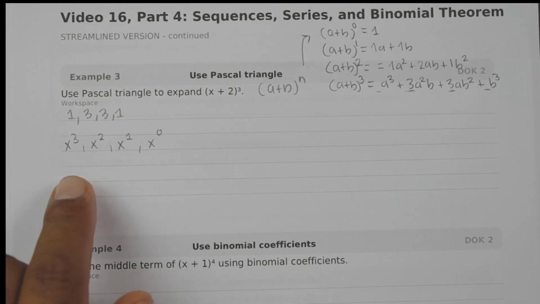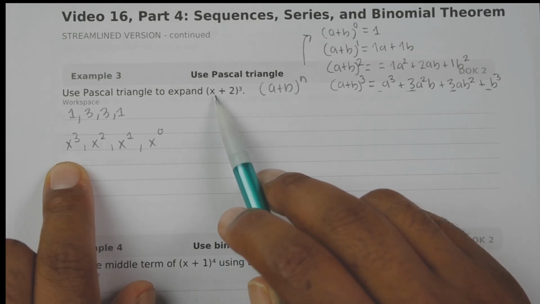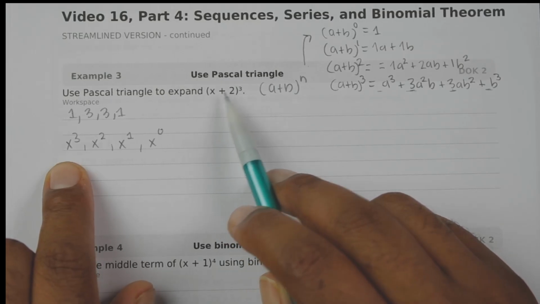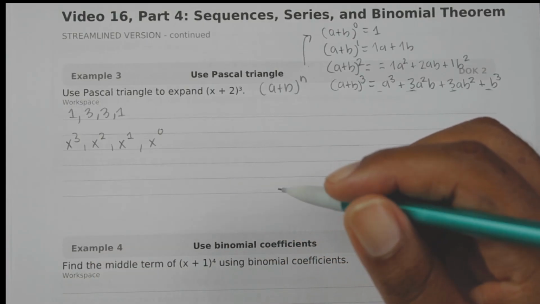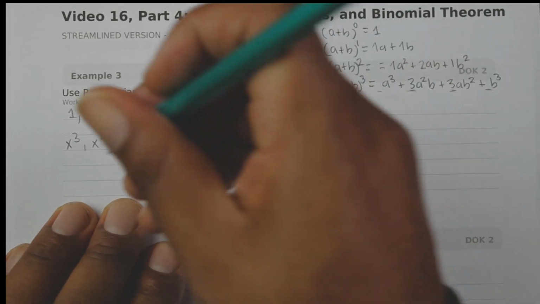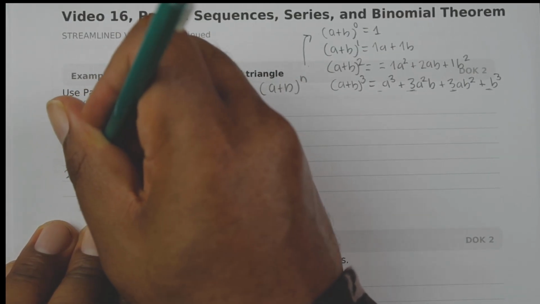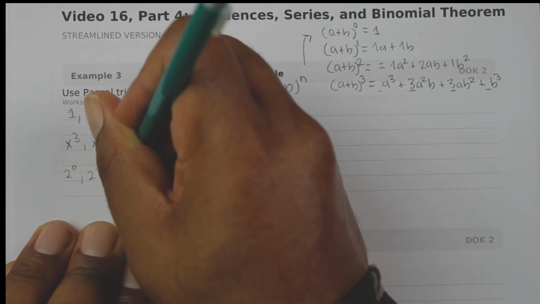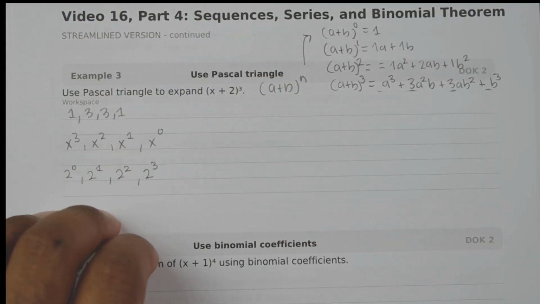So again, the powers of x begin at 3 and decrease to 0, and the powers of 2 begin at 0 and increase to 3. That's essentially 2 raised to the power of 0, 2 raised to the power of 1, 2 raised to the power of 2, and then 2 raised to the power of 3.